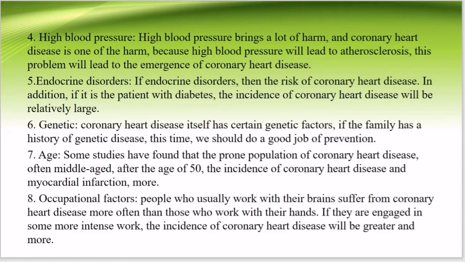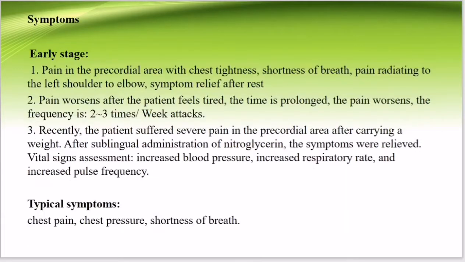Occupational factors. People who usually work with their brains suffer from coronary heart disease more often than those who work with their hands. If they are engaged in some more intense work, the incidence of coronary heart disease will be greater.